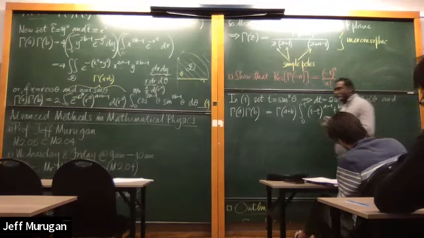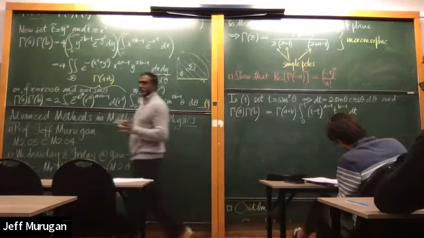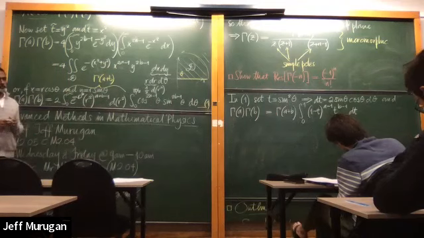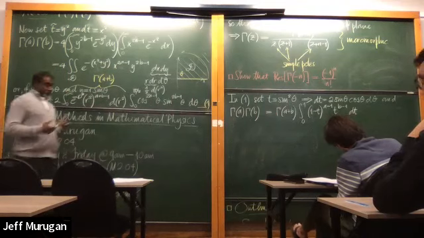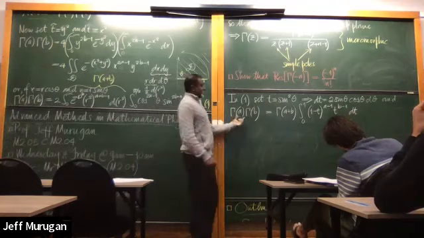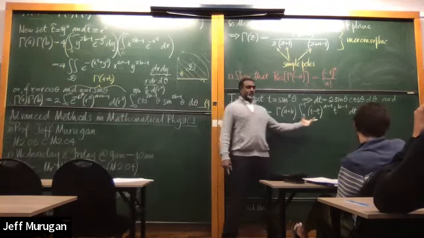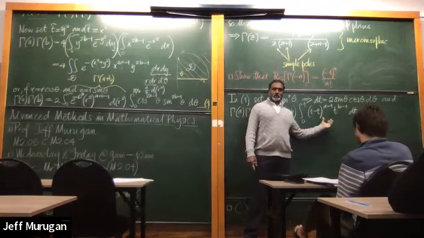All I'm doing here is playing around with these integral representations, changing variables a couple of times, keeping track of the limits, and what I've managed to show is that gamma of a times gamma of b is proportional to gamma of a plus b, and the proportionality thing is this integral here.